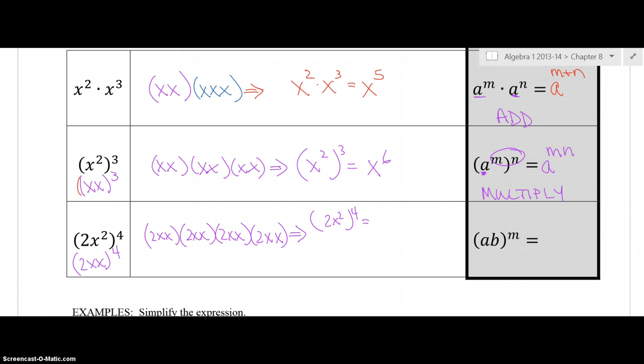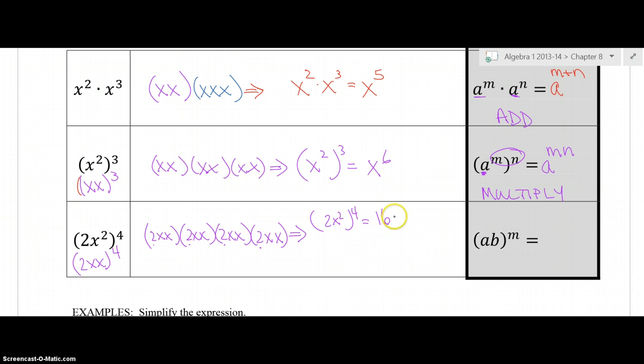So if we look at the numbers, just the 2, remember this is all multiplication. We're multiplying all the way across. So what we have is 2 times 2, which is 4, times 2 is 8, times 2 is 16.